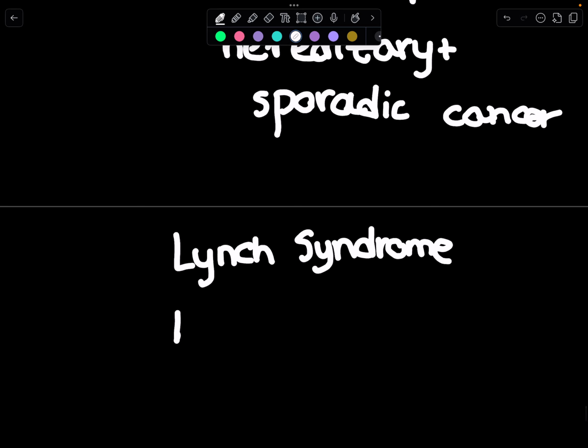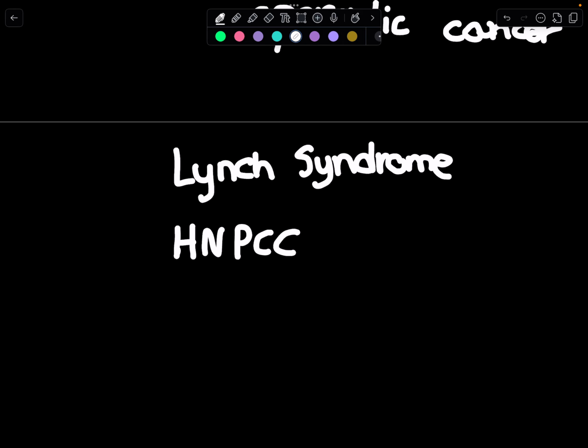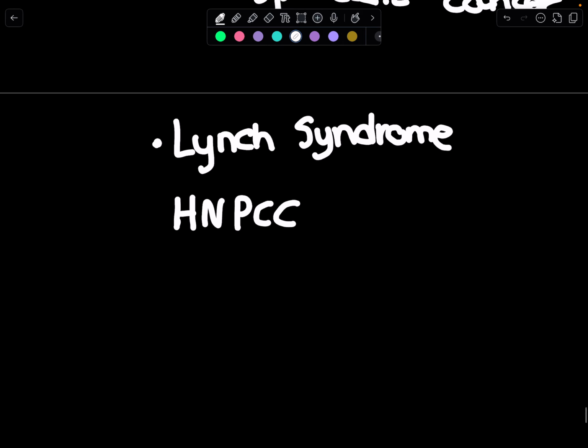A faulty APC gene is bad because it normally acts like a brake on the Wnt signaling pathway. Without it, cells in the colon divide uncontrollably, piling up mutations like KRAS or TP53, forming adenomas that can progress to colorectal cancer. So what's the difference between normal FAP and attenuated FAP?